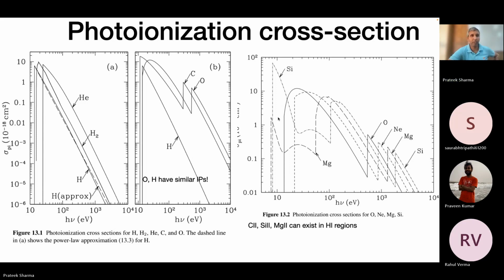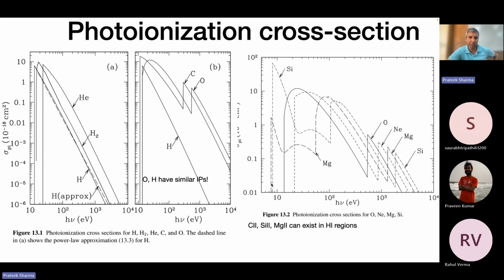There is a higher probability of oxygen getting ionized, but there's also abundance, right? So it is N times sigma, and N for hydrogen is higher. These are for other ions, which are also quite important.